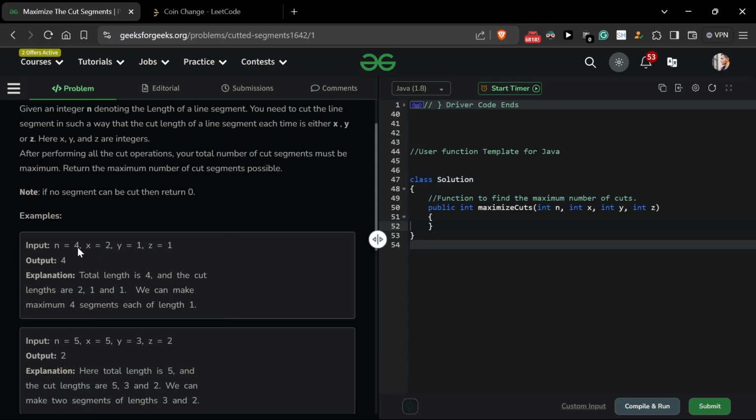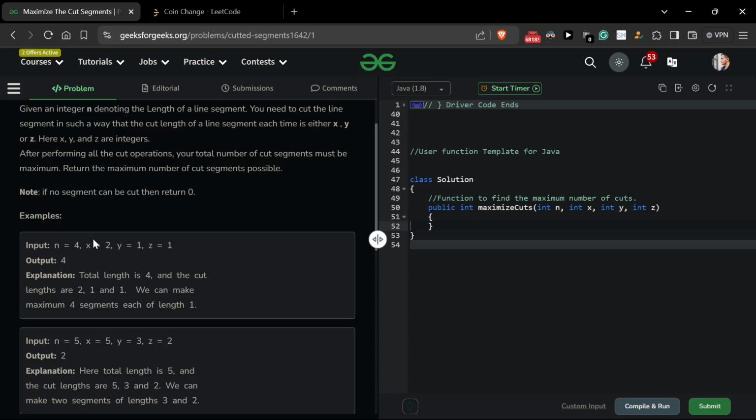Suppose n is 4. So our total length is 4 initially and the cut lengths are 2, 1 and 1. So for length n, n is 4, we make a cut at 2. On the left hand side we have 2 length remaining and on the right hand side we have 2 length remaining.